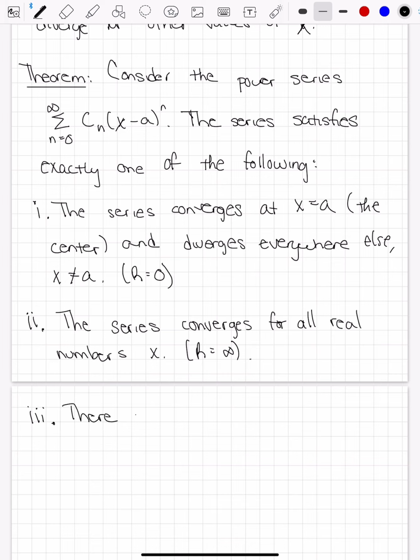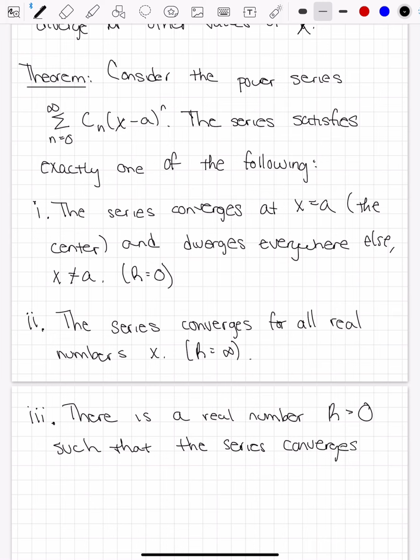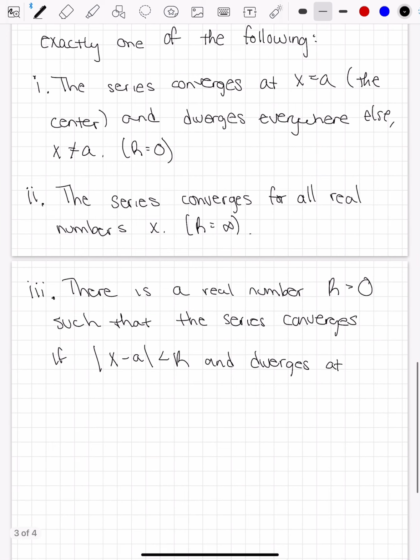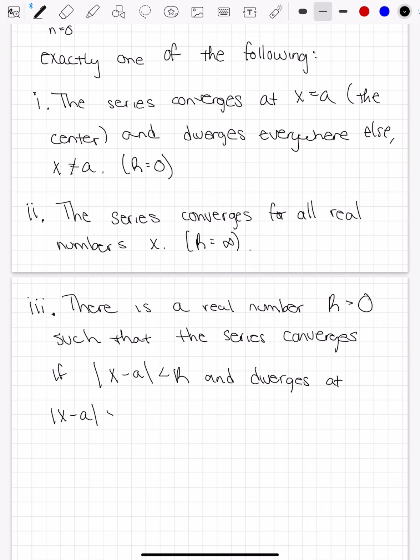So there is a real number, capital R, which stands for the radius of convergence, such that the series converges if the absolute value of x minus A is less than R, and diverges if the absolute value of x minus A is greater than R. And when it's equal to R, you have to double check and figure out whether it converges or diverges.